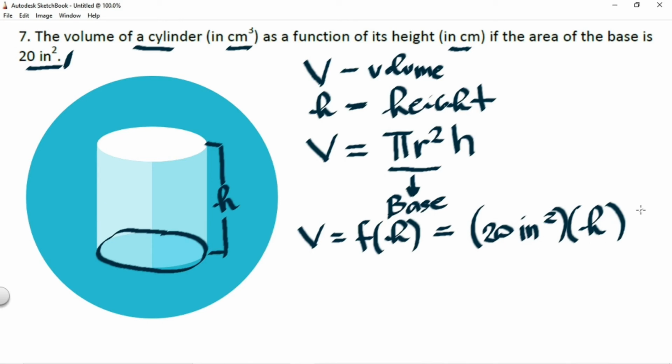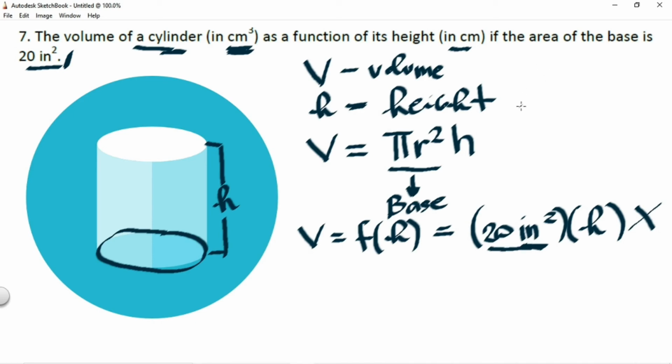However, this is not our final answer because the problem requires the volume to be in centimeters raised to 3 or centimeters cube. Unfortunately, the area of the base is in inches raised to 2. We must convert this one.